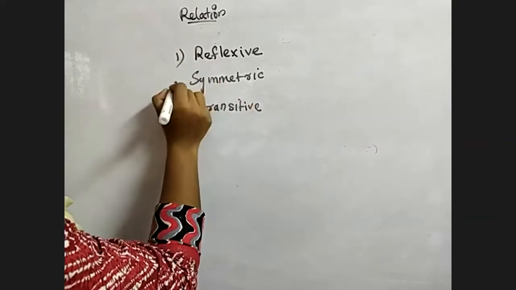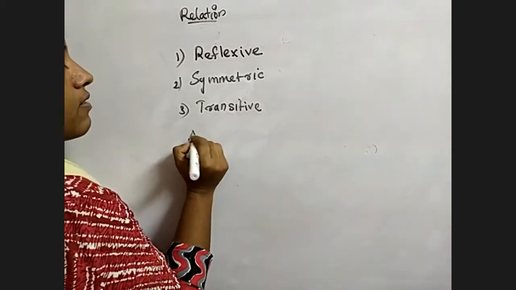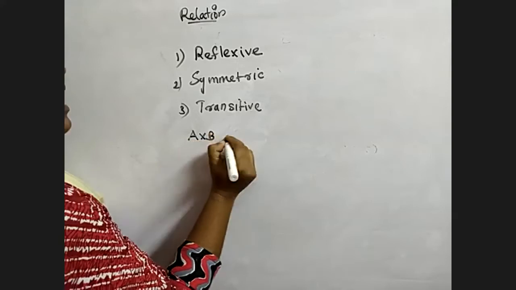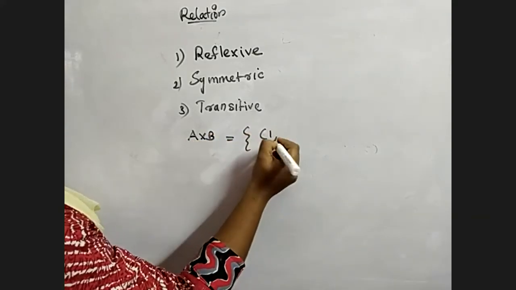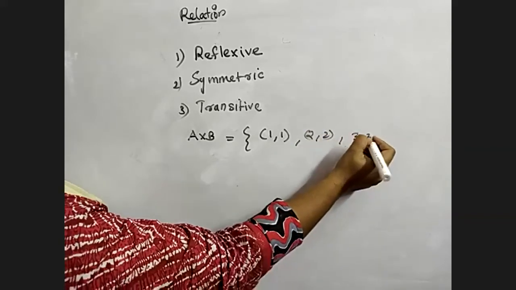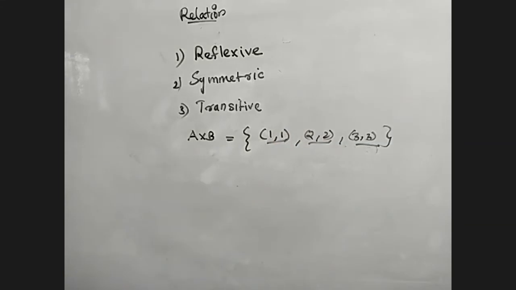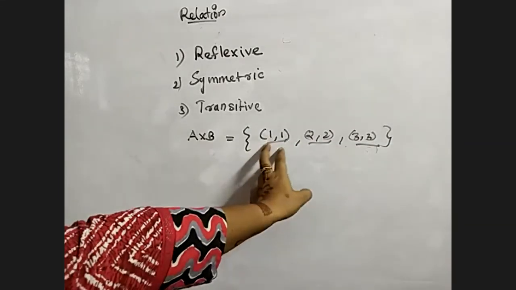Reflexive, symmetric, and transitive. Suppose I give an example for reflexive. Suppose I'm having a relation from A to B. I am having elements like (1, 1), (2, 2), (3, 3). Then I'm having the same numbers in the ordered pair, right?